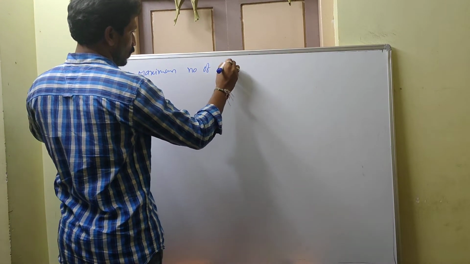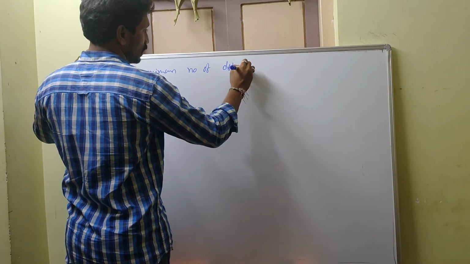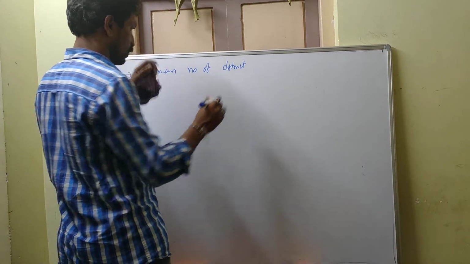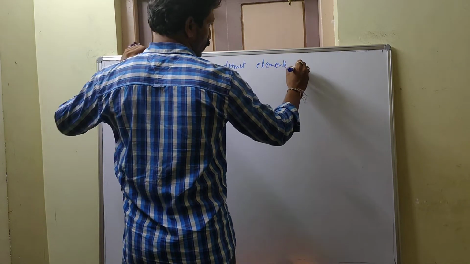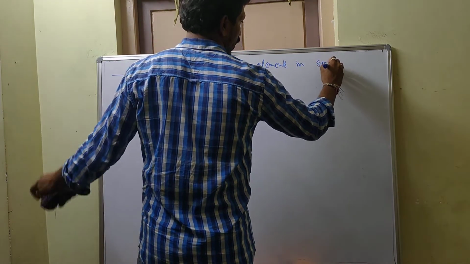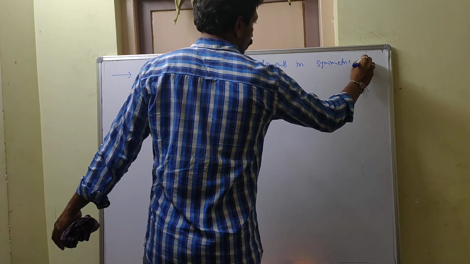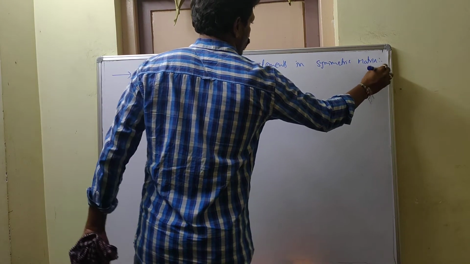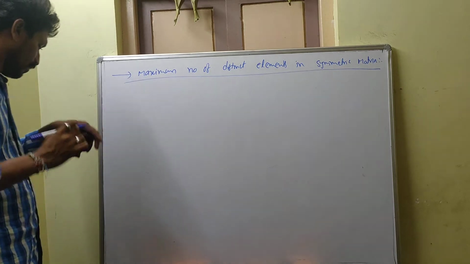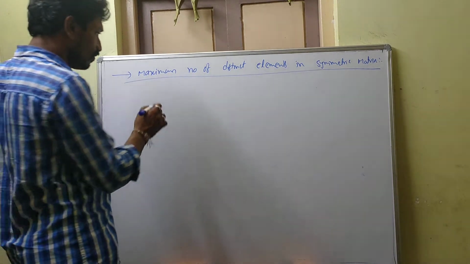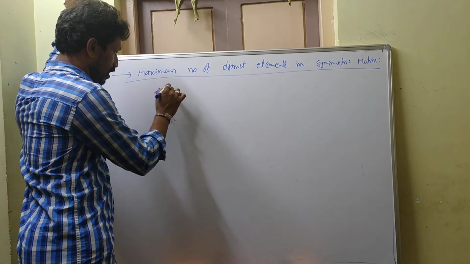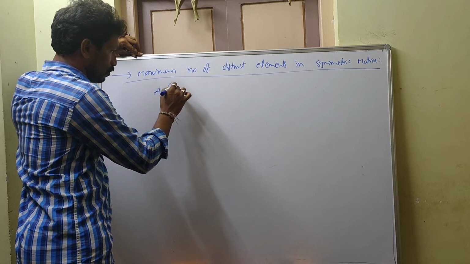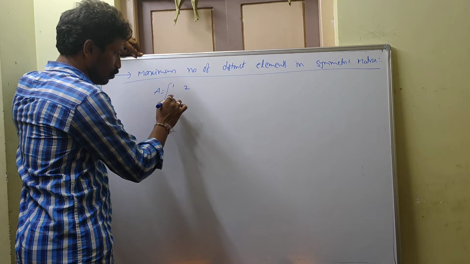Maximum number of distinct elements or entries in a symmetric matrix. See here, if you take 2 by 2, A is equal to 1, 2, 2, 3.